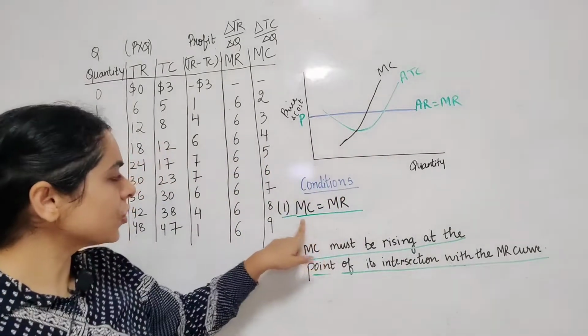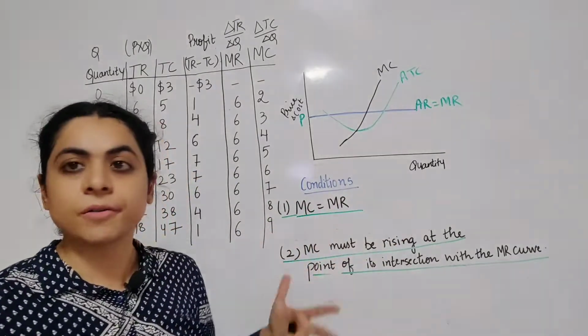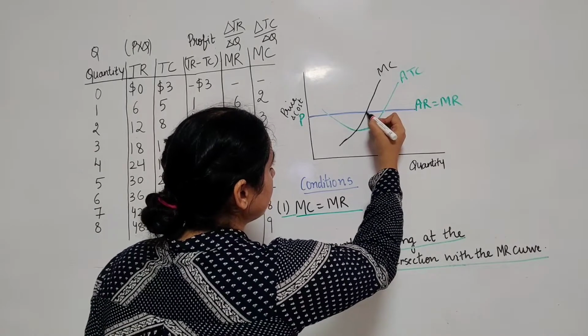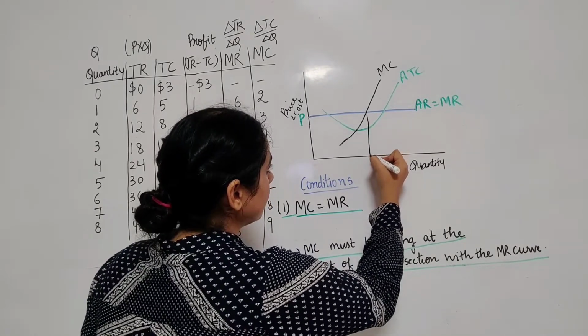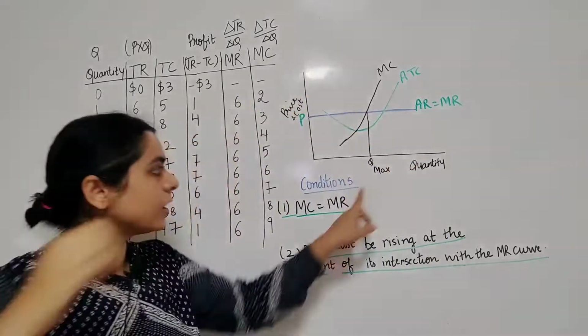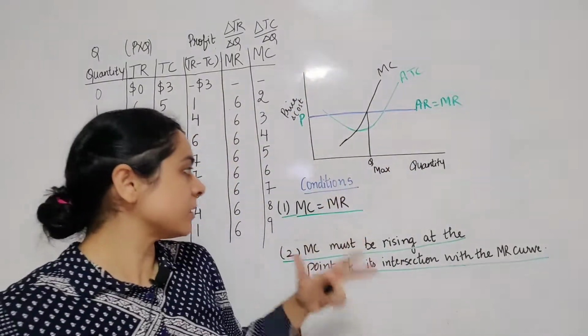So according to the condition, marginal cost is equal to marginal revenue at this point, and this represents the profit maximizing level of output for the competitive firm.